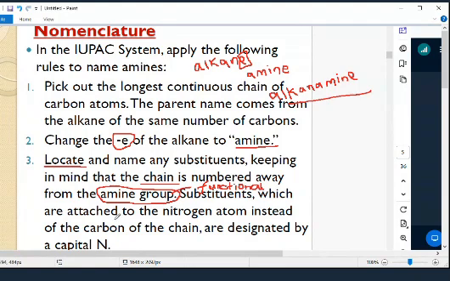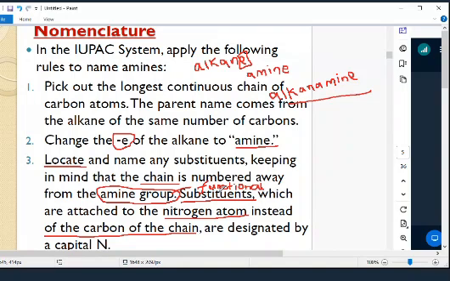There is a point here, and I want you to note that if a subsequent group is attached to the nitrogen atom instead of the carbon, then that one is designated as N. Kindly note that somewhere because I don't want to repeat that point.